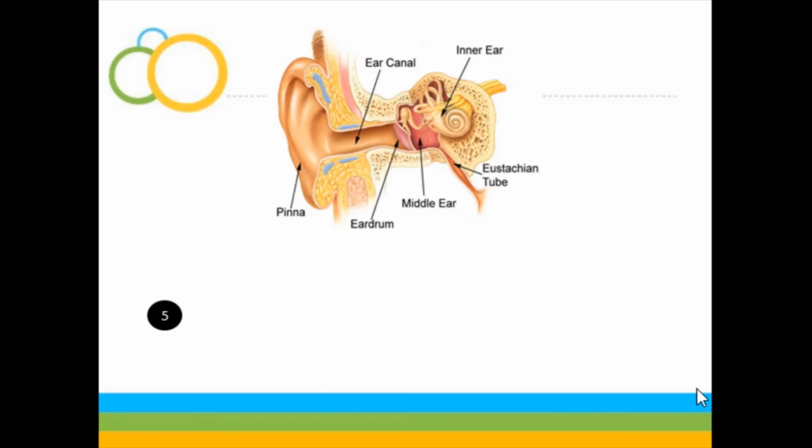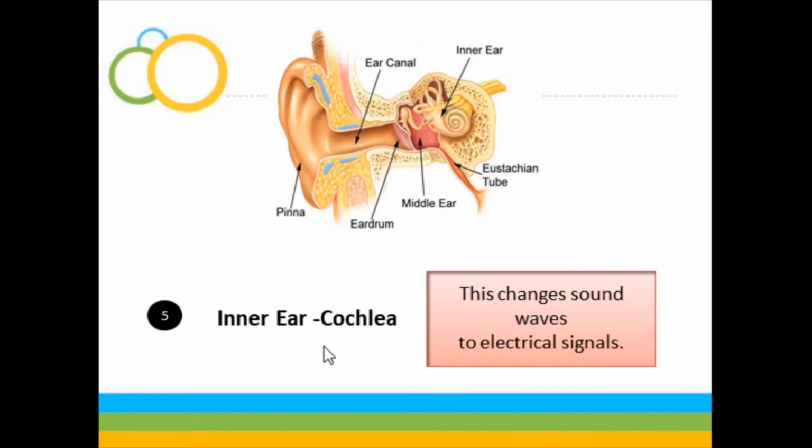Next. After the vibrations or the waves have passed through until they reach the middle ear, they now arrive in our inner ear. Inner ear means the inside ear, particularly our cochlea.